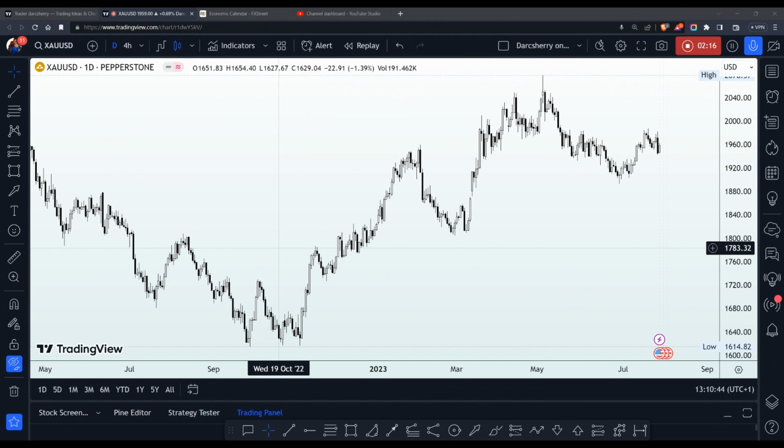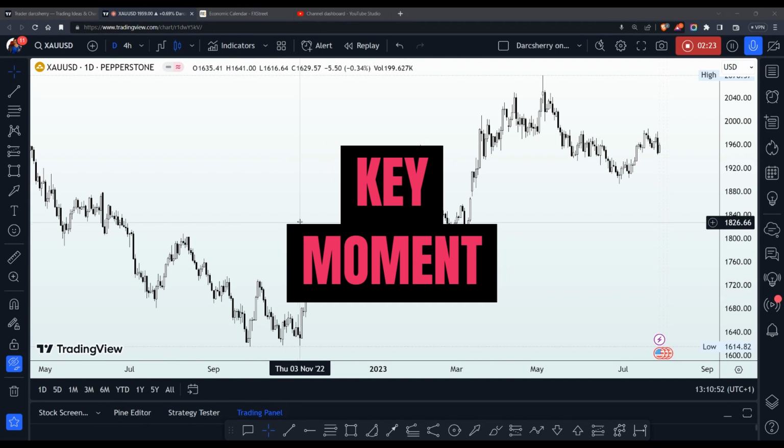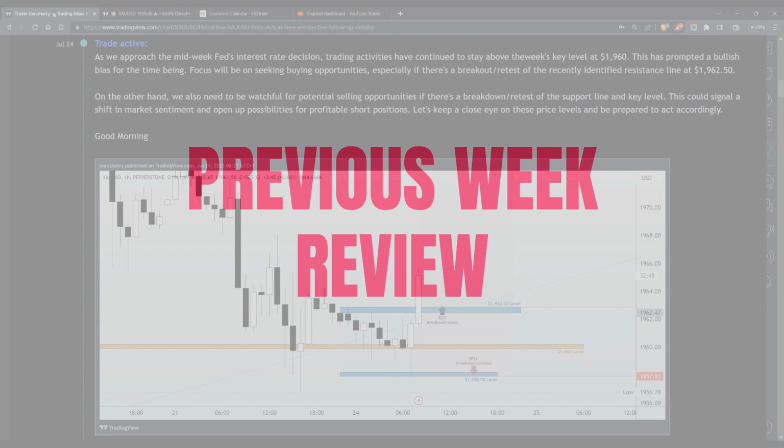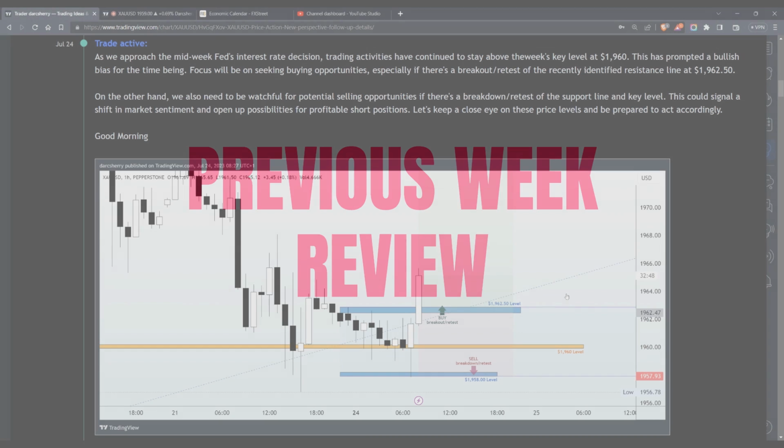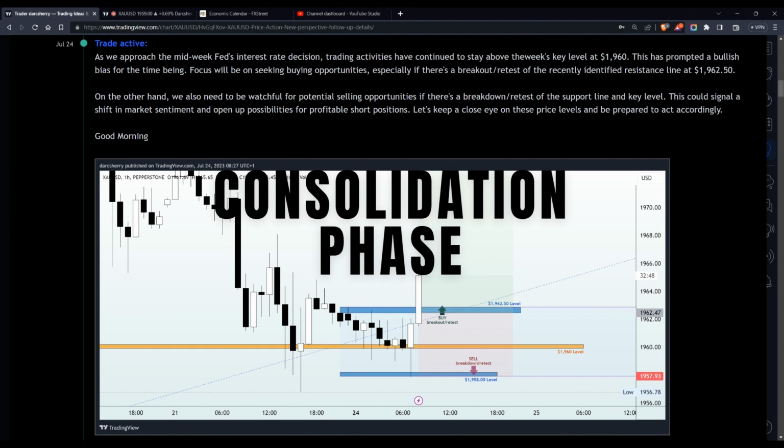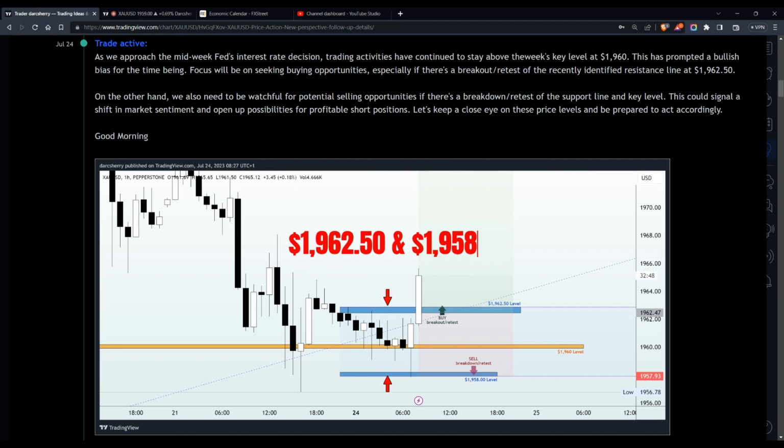Before we delve into the technical intricacies of the upcoming week, let's take a few moments to reflect on the key moments that influenced our decision in the previous week. Now, talking about last week, the week started with a consolidation phase where we saw price action confined between the $1,962.50 level and the $1,958 area.